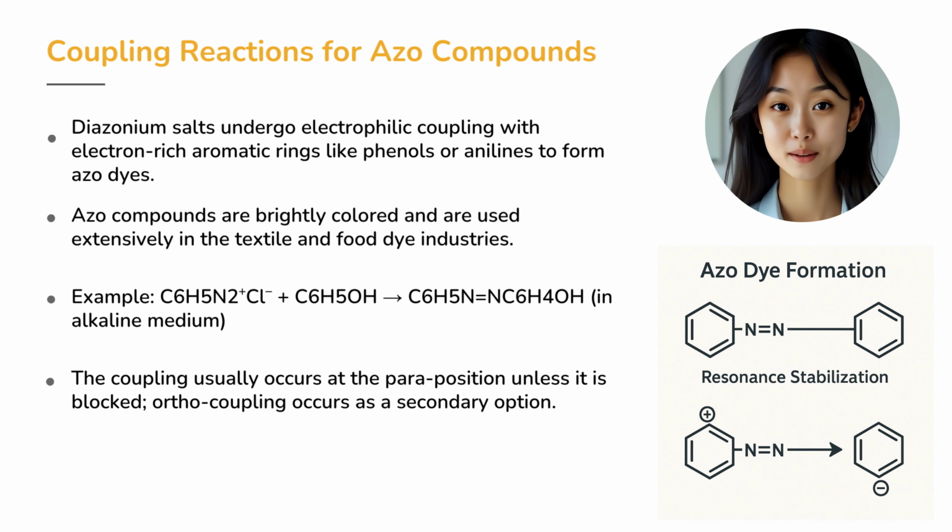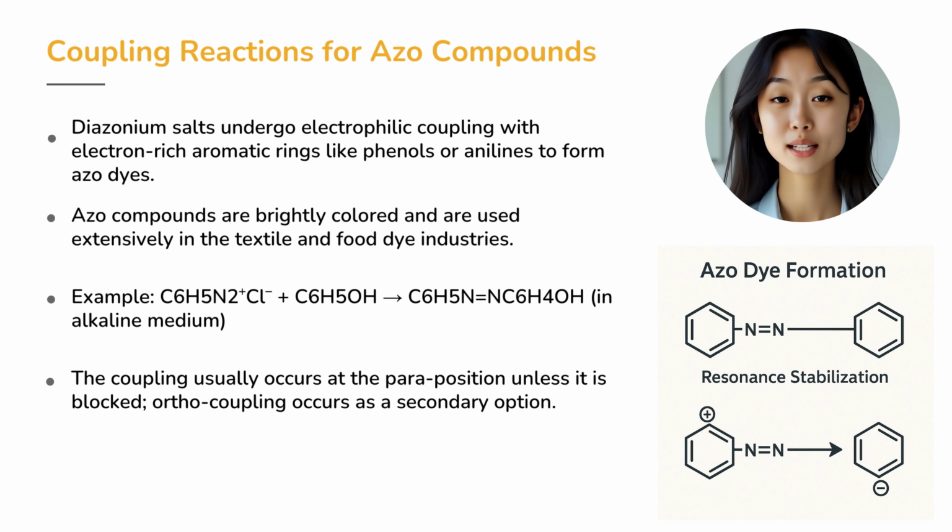Here's an example. Benzene diazonium chloride plus phenol in alkaline medium produces an azo dye called azophenol. In simple words, the diazonium ion couples with phenol to form a compound where two benzene rings are connected through this nitrogen double bond, creating vivid colors.